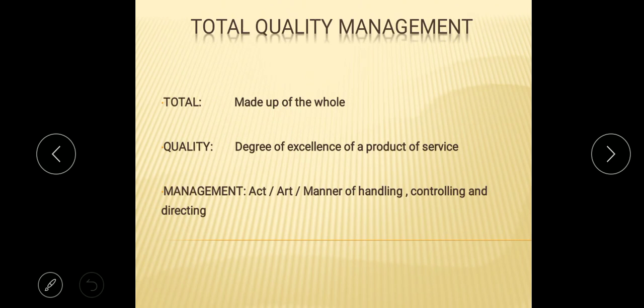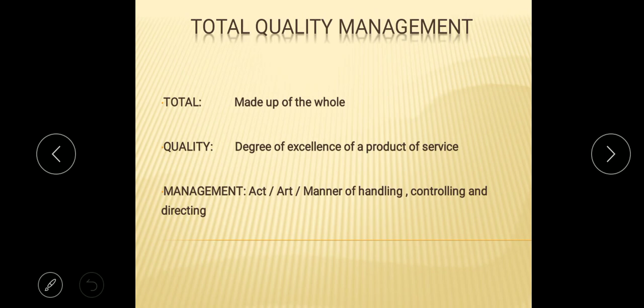To know TQM, first of all we'll see that total quality management is a combination of three words: total, quality and management. Total means we all know what is the meaning of total. It is made up of the whole. Then quality, it is the degree of excellence of a product or service.